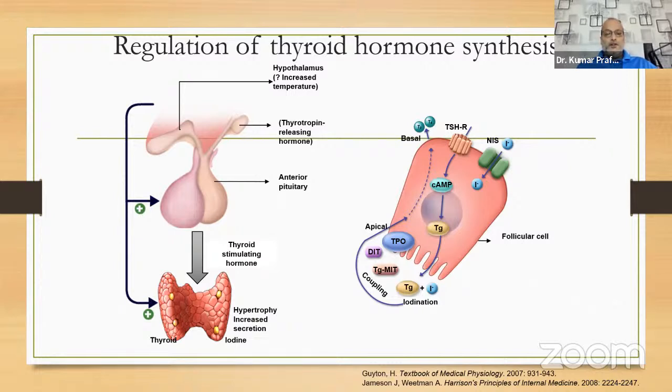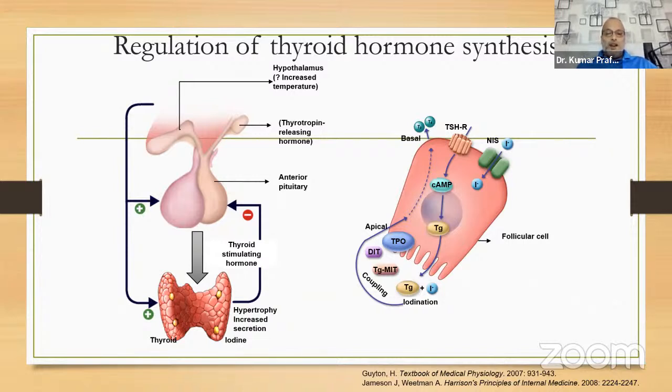In turn, it has negative feedback on the sources. So when thyroid hormone is released, it has negative feedback on the anterior pituitary, and thus thyroid stimulating hormone is decreased.